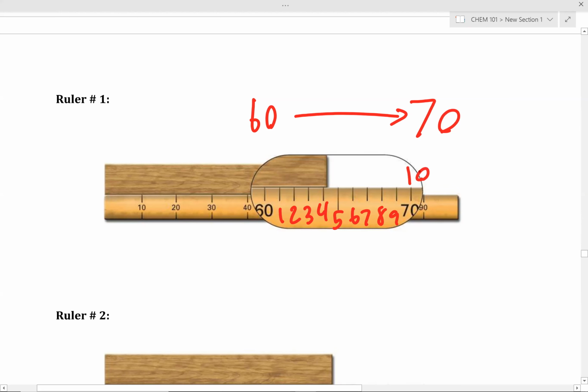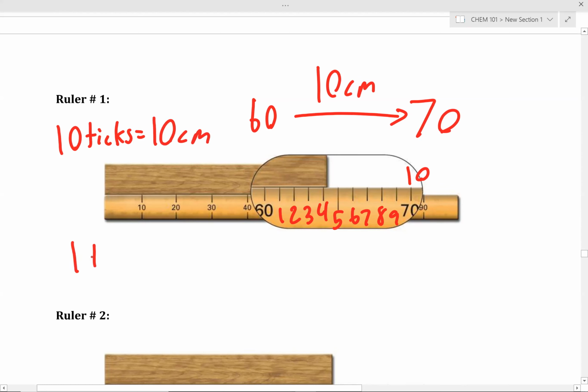It takes a total of 10 graduated marks to go from 60 to 70. In other words, 10 ticks are equal to how many centimeters to go from 60 to 70? What's the difference between 60 and 70? 10. Yep. So this is 10 centimeters. So for 10 ticks, we go 10 centimeters.